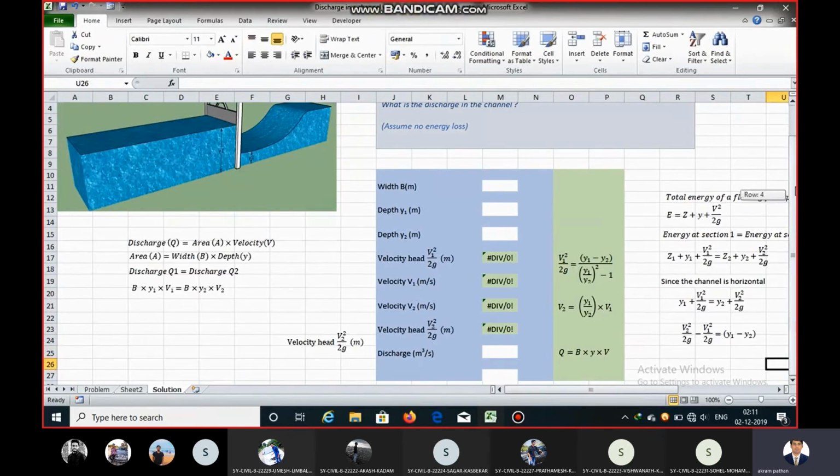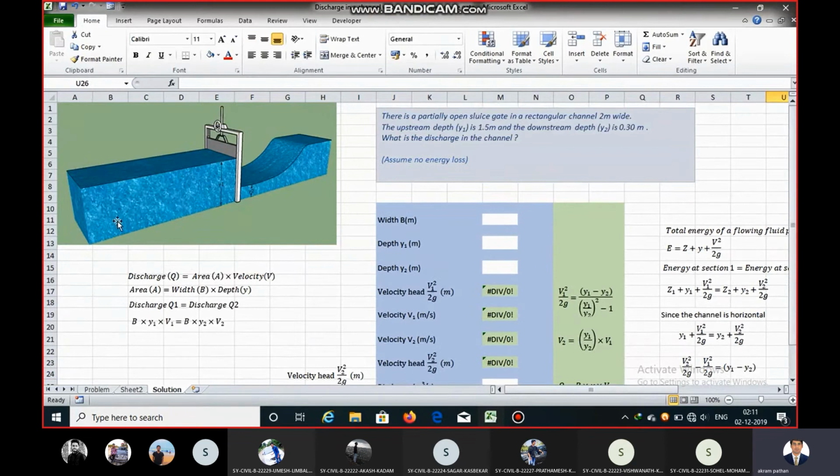Now look at the other sections on the upstream side and downstream side. We have to take two sections and apply the continuity equation. The continuity equation on sections 1 and 2 gives Q1 equal to Q2, that is area into velocity.